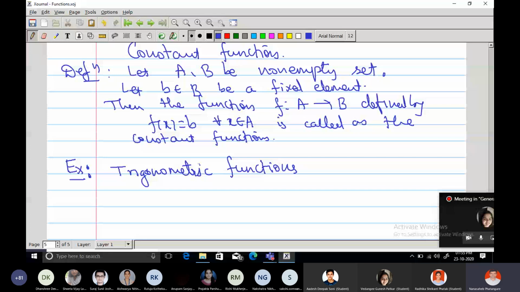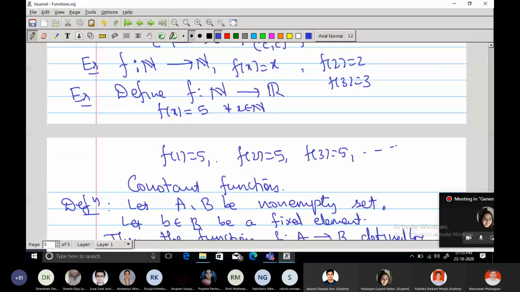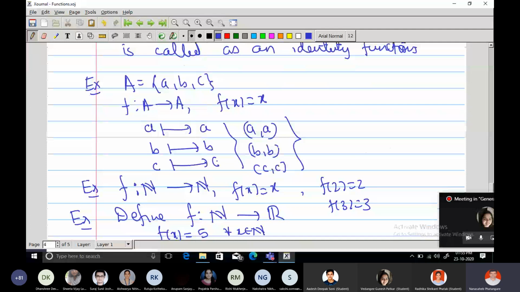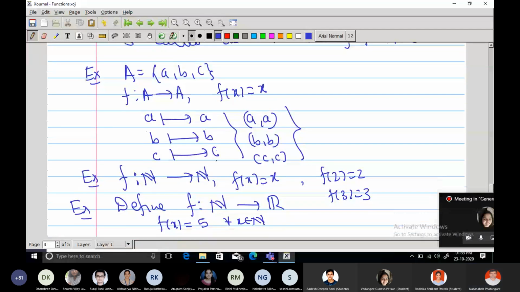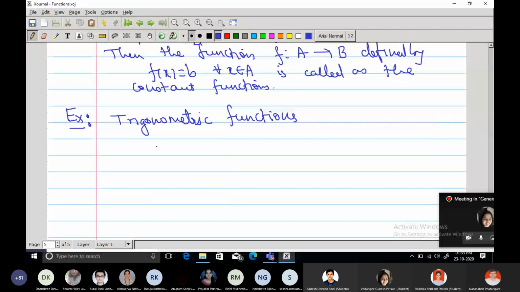Which identity function? If we define an identity function f of x is equal to x, then f of 1 will be 1. For each value of real numbers, it will be a straight line passing through the origin. But it is a function from R to R. You are talking about this.